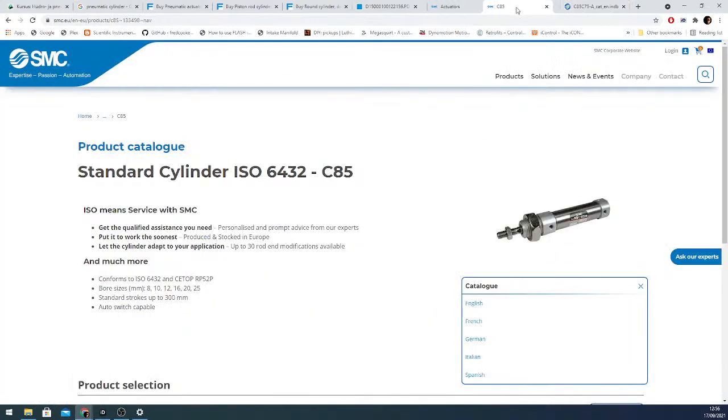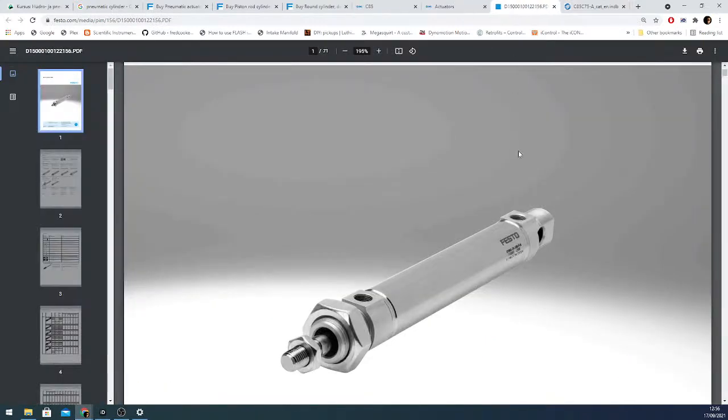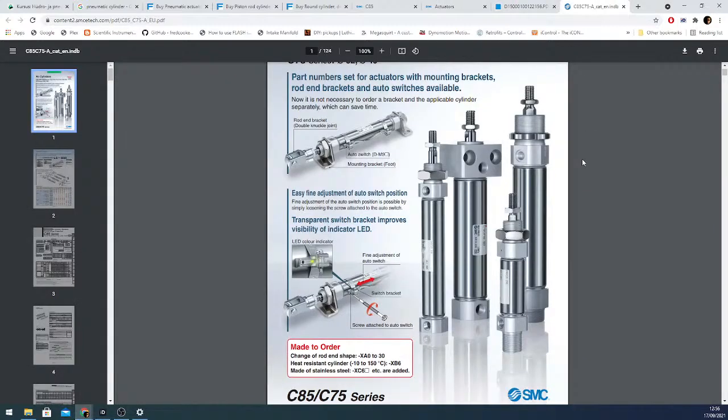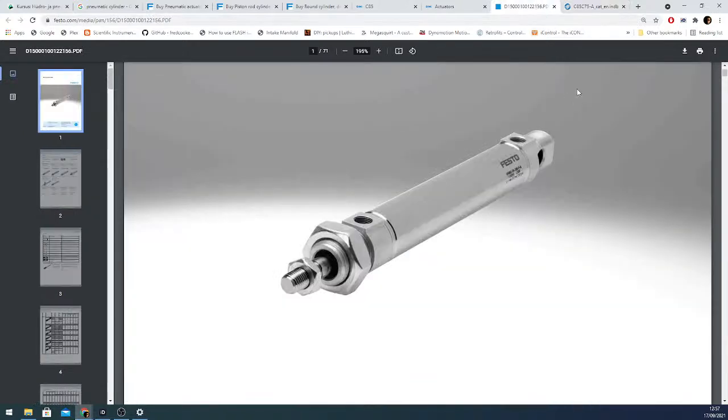And if we are comparing them side by side, this is the Festo one, this is the SMC one, you can see that they are really similar.